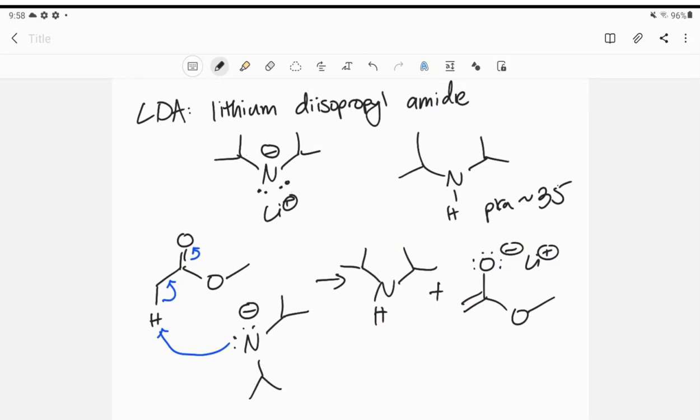For the rest, even aldehydes, you can get away with using hydroxide. Because I think if you look at your aldol condensation, you use hydroxide for that, and you're actually using a ketone, so you're going to have it in equilibrium. We'll take a look at that in a sec. This is also an irreversible reaction.